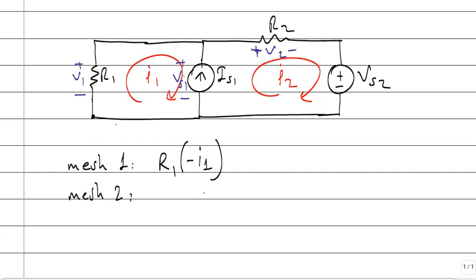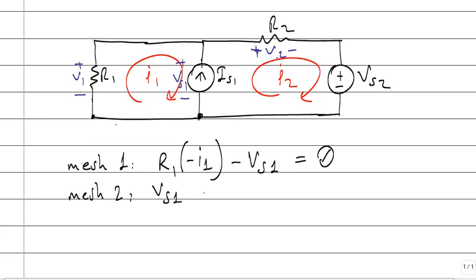Continue. There is a voltage drop of V source 1. I will say V source 1. I cannot write something like resistance times current, because it's not a resistor. Summation is 0. The second mesh equation, start from the left bottom. There is a voltage increase of V source 1.